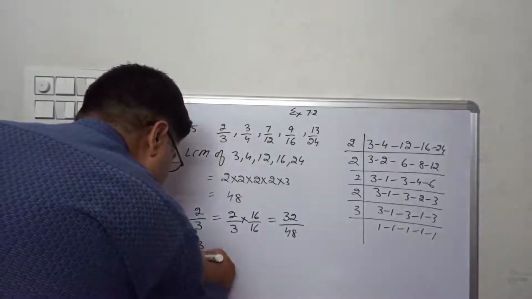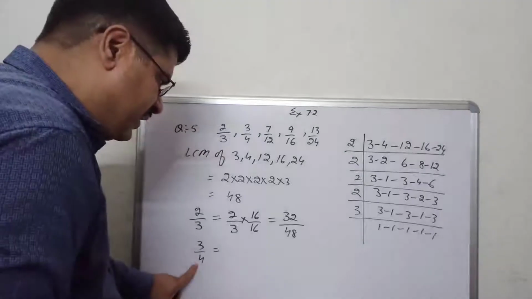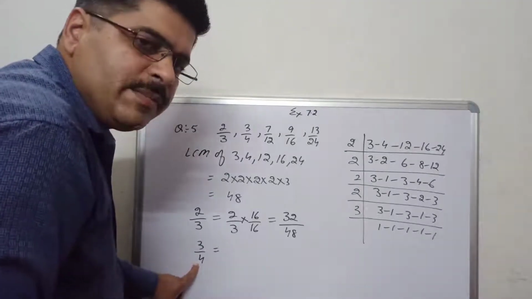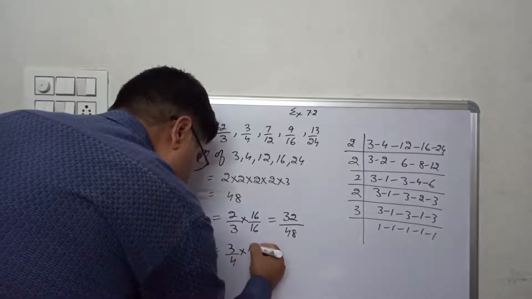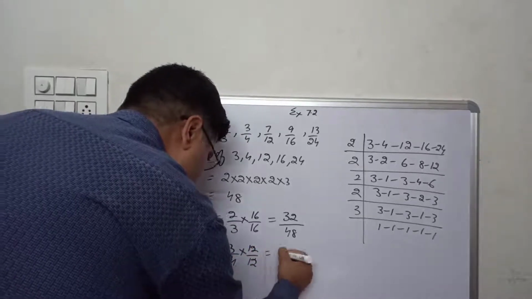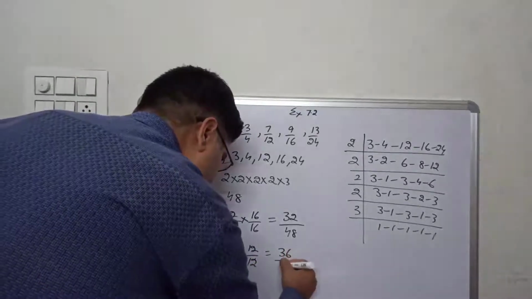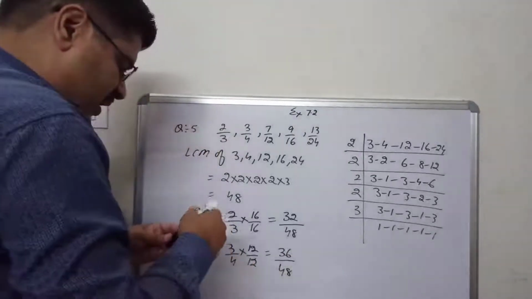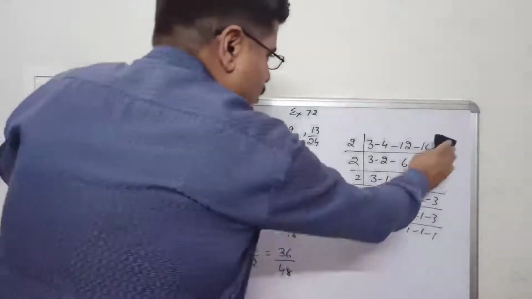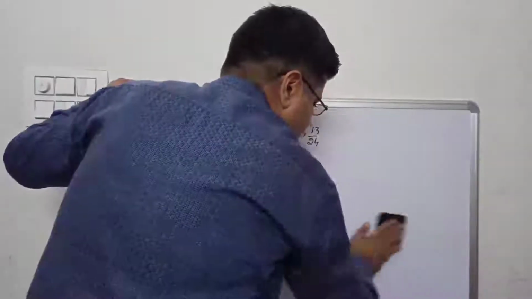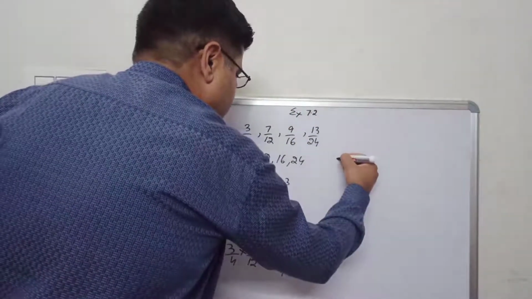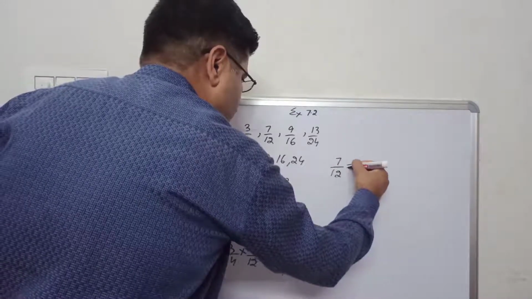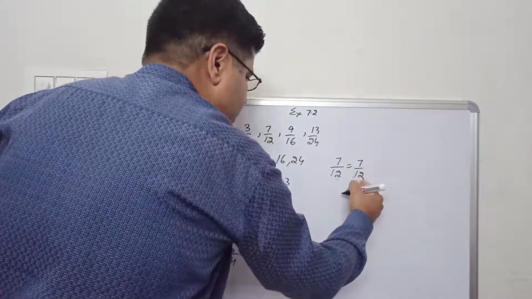Next is 3 by 4. We need 48 here. It means we have to multiply 4 by 12 and 3 by 12. So 3 by 4 into 12 upon 12 is equal to 36 upon 48. Now we will take the other fractions. 7 upon 12, we need 48.